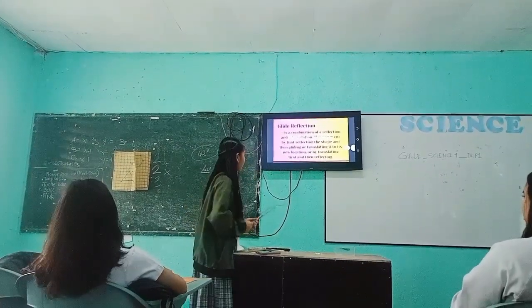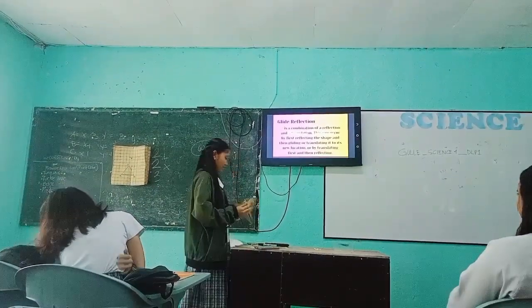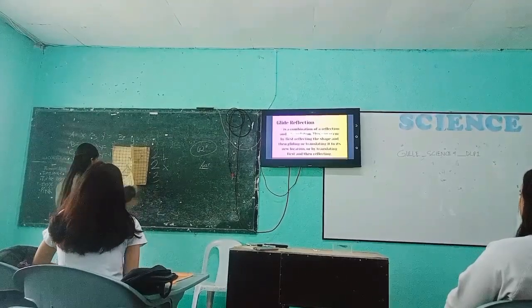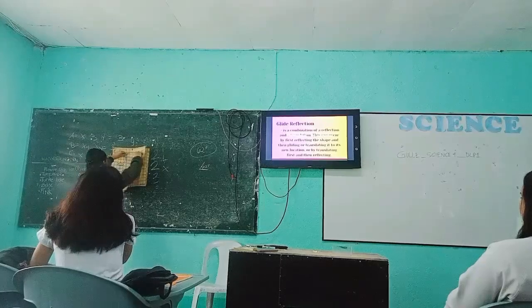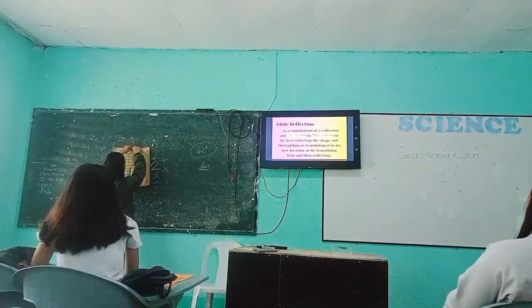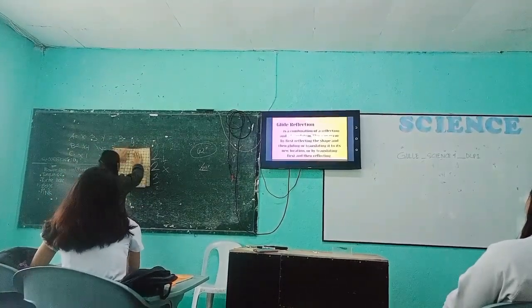Then the last one is the glide reflection. Everyone, please read. Is a combination of a reflection and a translation. This can occur by first reflecting the shape and then gliding or translating into its new location, or by translating first and then reflecting.